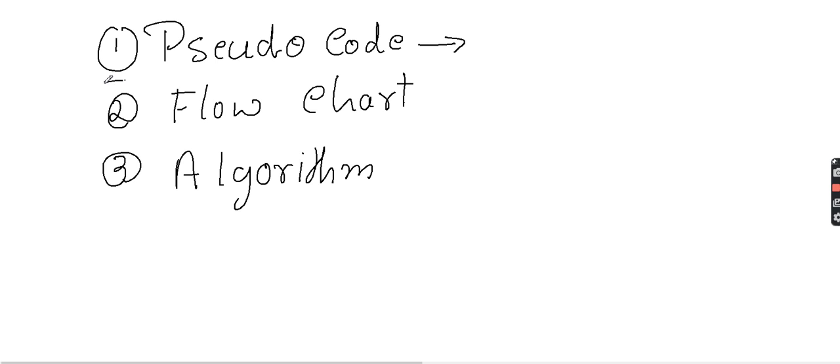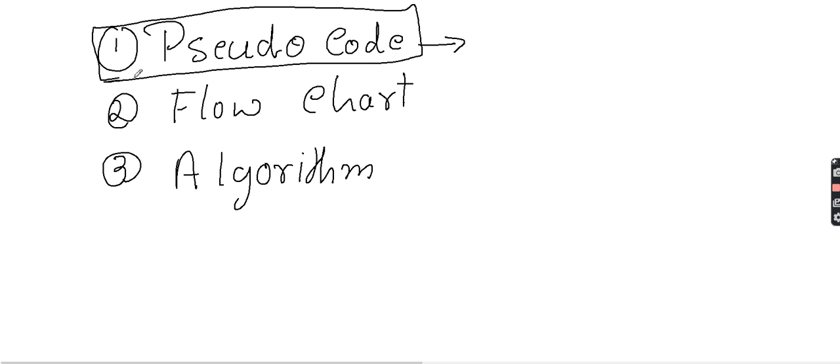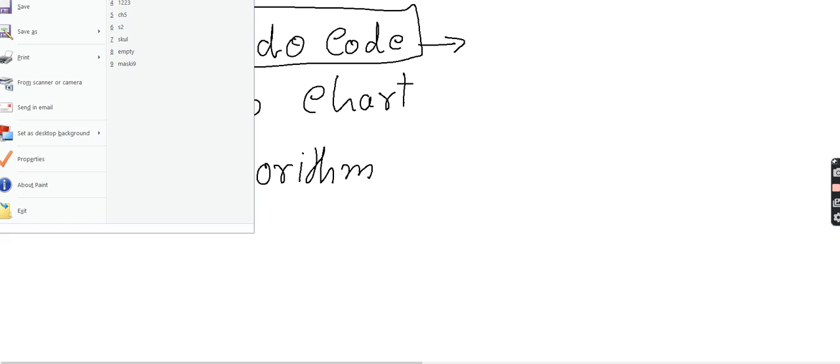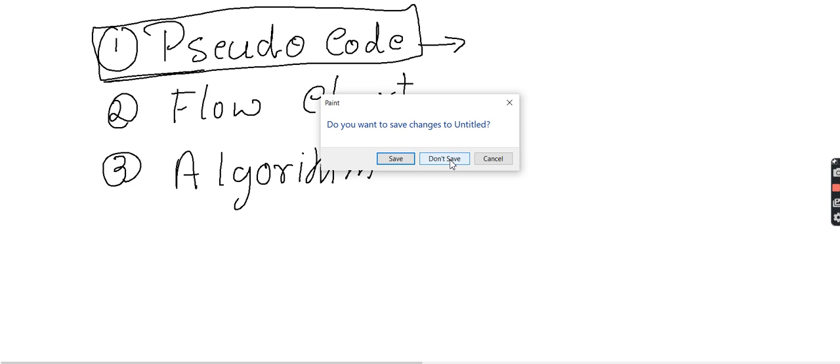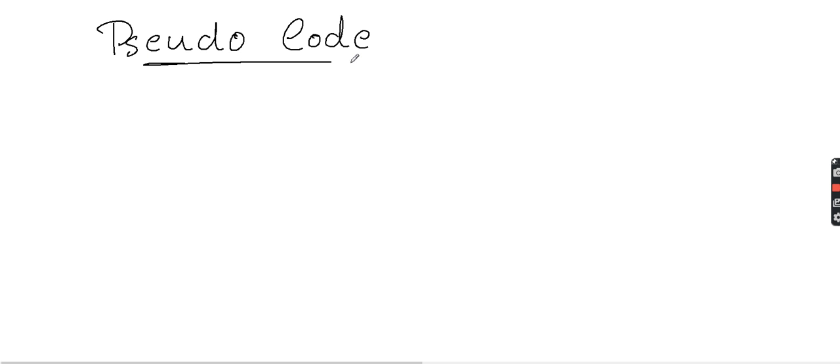So we will quickly start in brief with each topic here. First we'll start with the pseudo code. Pseudo code is a first basic step while writing a program. It is in between the English language and the C language.